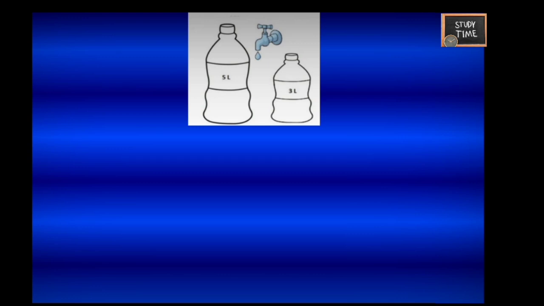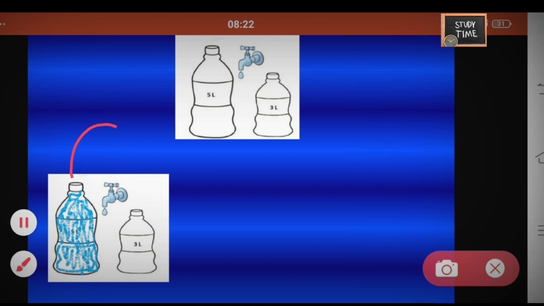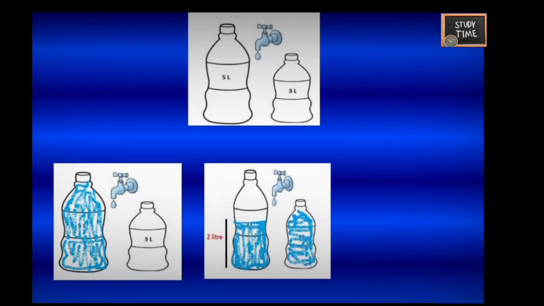See, he had a 5 liter and a 3 liter bottle. At first, he filled the 5 liter bottle with water. Then he transferred this to the 3 liter bottle.